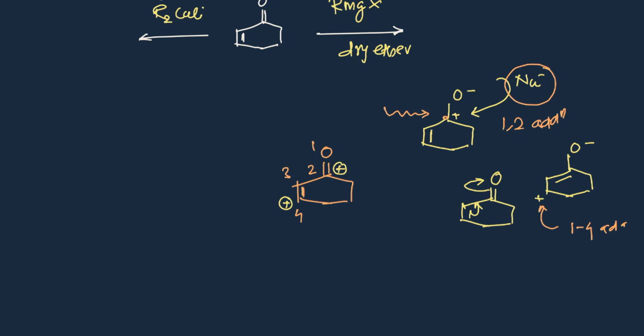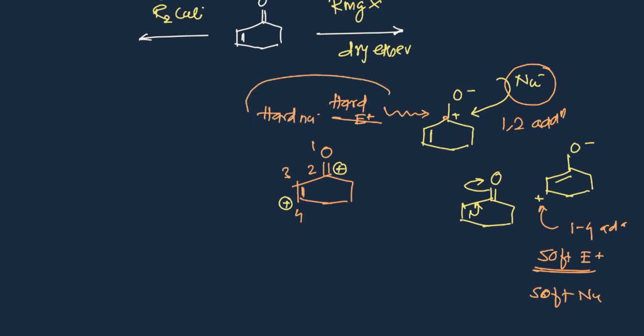So one can call this a hard electrophilic center, and this a soft electrophilic center. You know there is a simple concept: a soft electrophile always binds with a soft nucleophile, and a hard electrophile binds with a hard nucleophile. So there is perfect chemistry between these two.